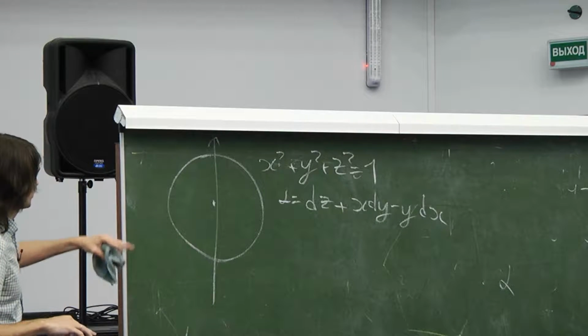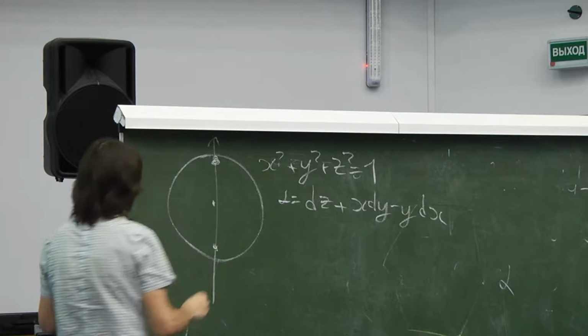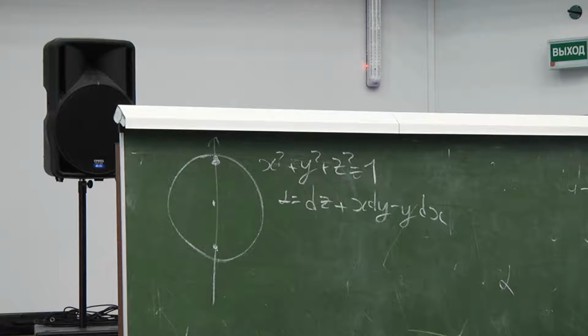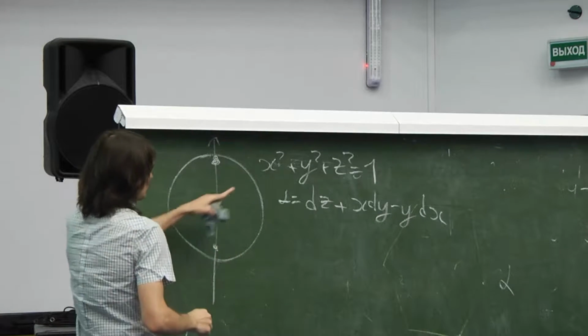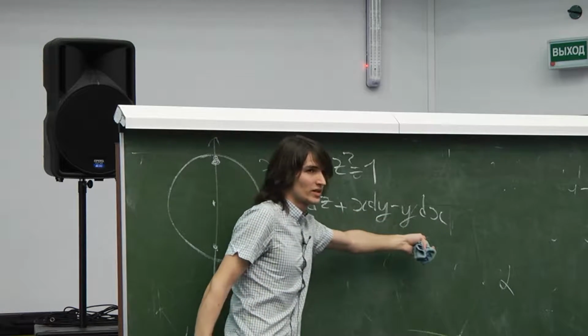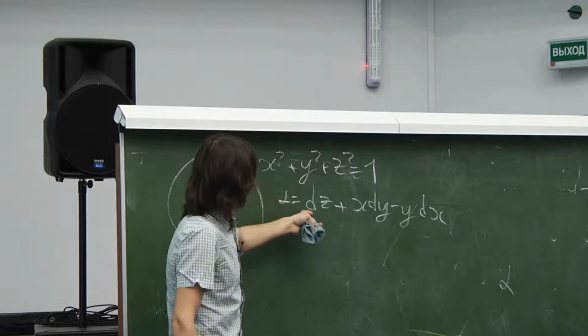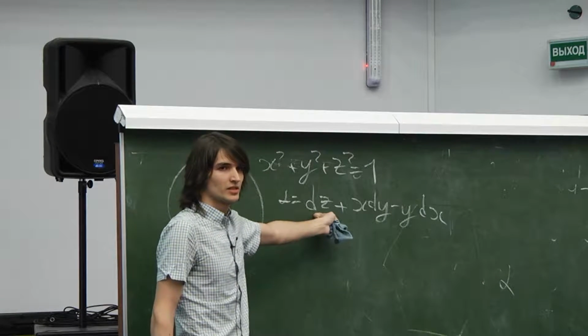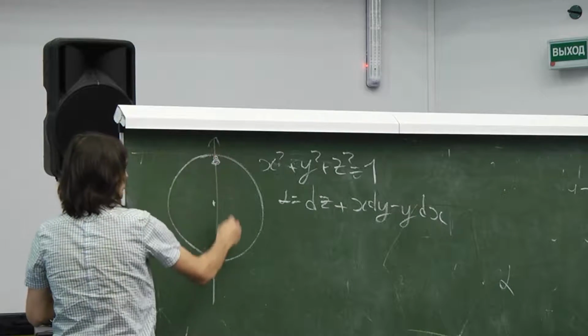Then the foliation will be like this. At the poles are singular points. Yes, if x and y are equal 0, then alpha is simply dz. Then dz is horizontal. Then these 2 points are singular.